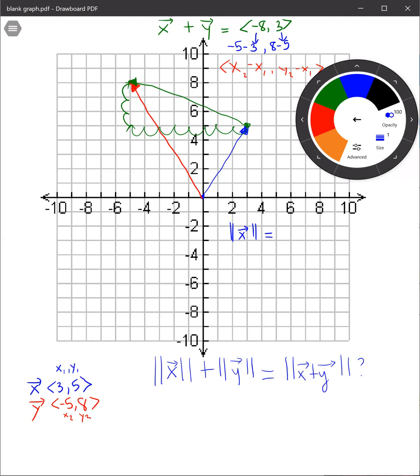All right. And I just want to show work to make sure you guys got it right. So basically for the magnitude, we will take the component from here, which is 3 squared inside parentheses plus 5 squared.